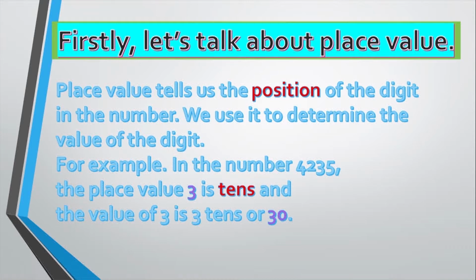And it carries a value of 30. So 3 tens or 30. If that 3 instead was a 4, then it would be 4 tens or 40. The place value tells you the position and it helps you with determining the value of the digit in that position. Good.